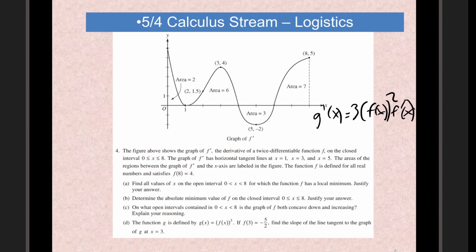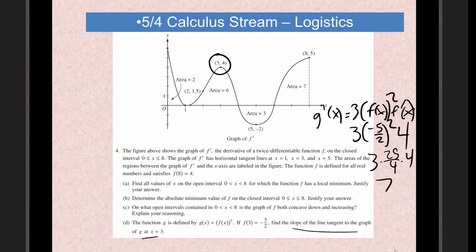If we're trying to find g prime of 3, the slope of the tangent line is g prime. Then all I do is find 3 times f of 3 squared, but they told us it's negative 5 halves, and f prime of 3 is 4. 3 times 25 over 4 times 4, so 75. That's a steep slope.